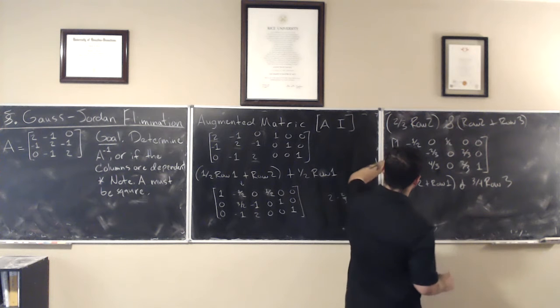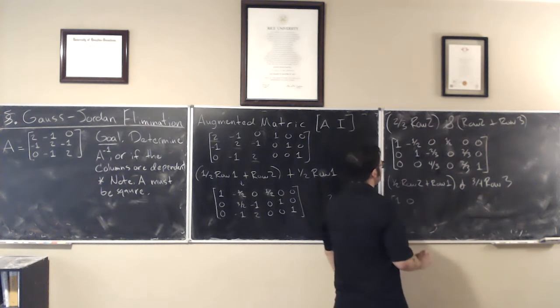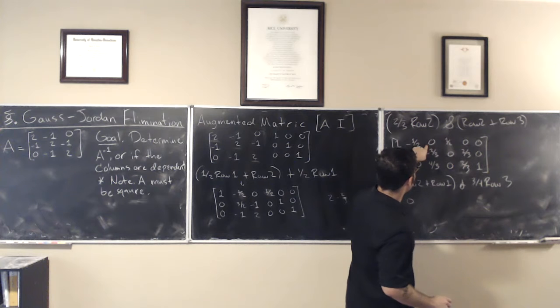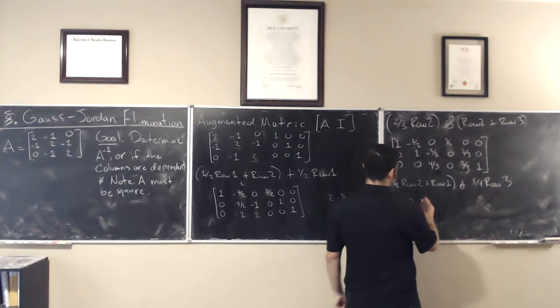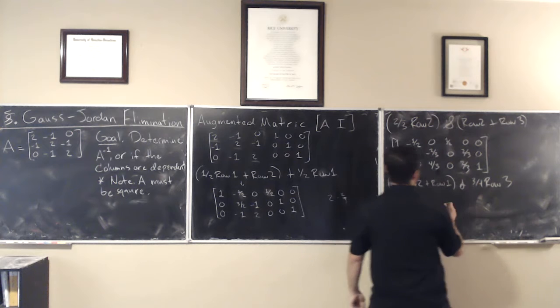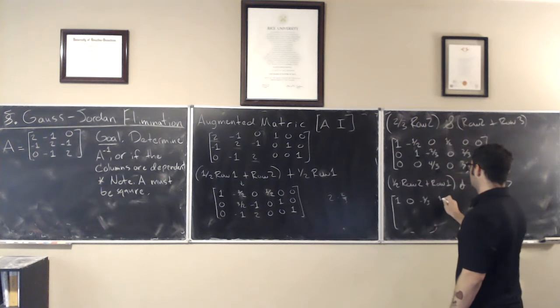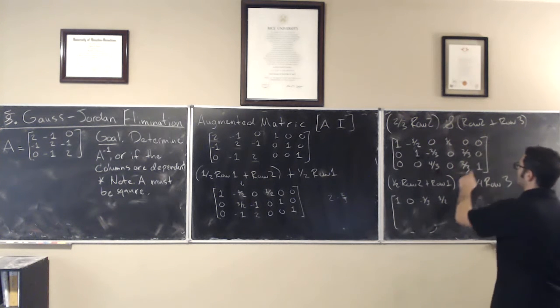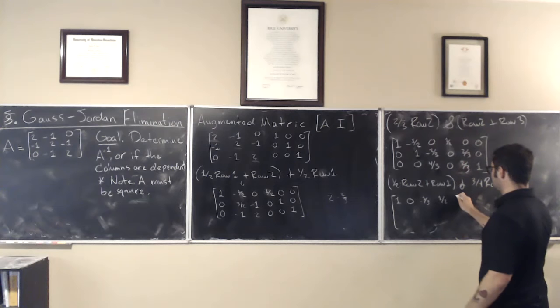So 1/2 of row 2, there'll be a half plus that, it'll be 0. A half of that there. So that's minus 1/3. A half of that plus that is just 1/3.